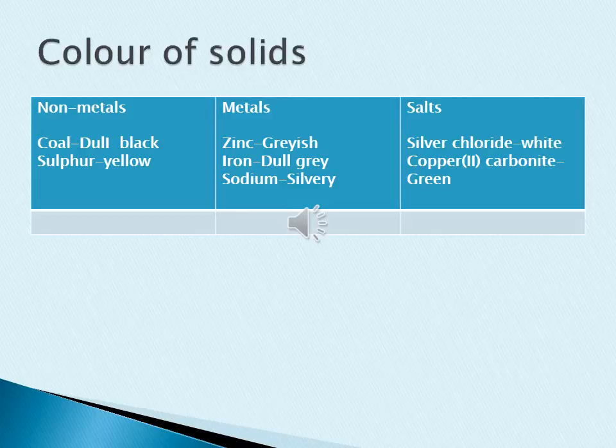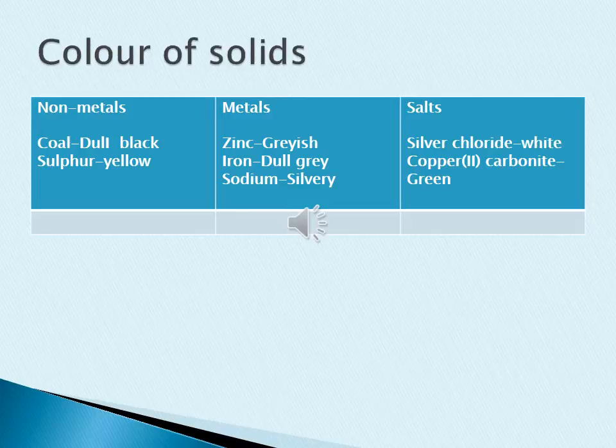Next, listen children. Here we have non-metals, metals, salts. First among non-metals, coal is there. What is the color? Dull black. Why is coal a non-metal?